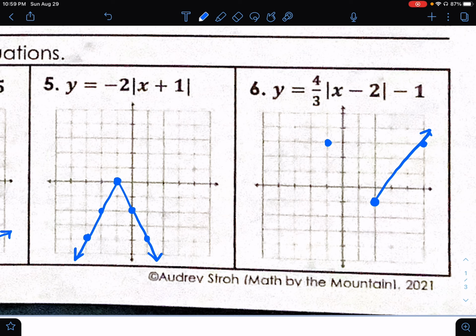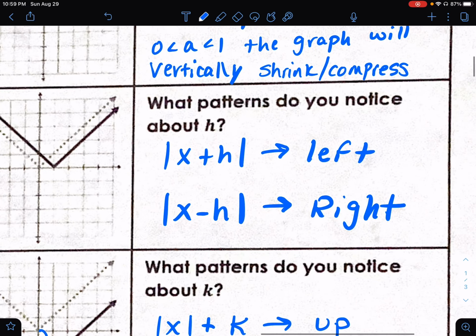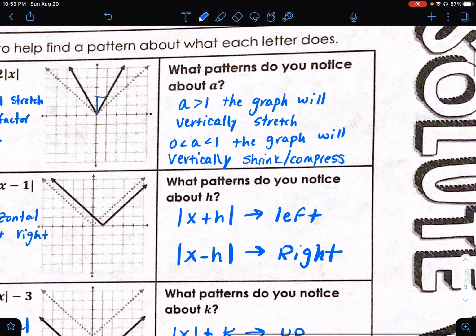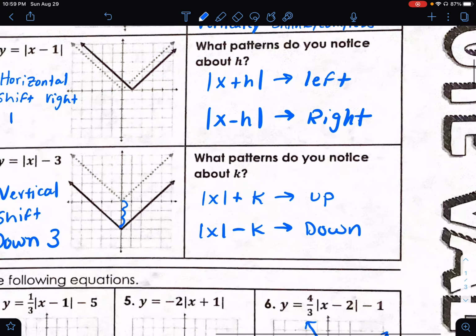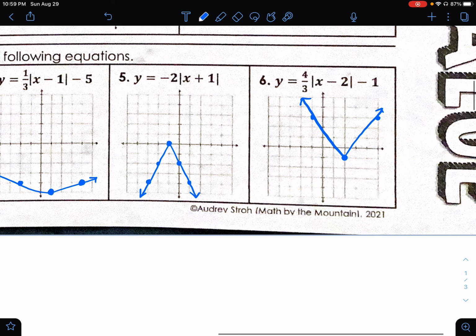So we should have a graph that looks like this. Okay, 4/3 is bigger than 1. And if we look back up to the top here, if it's greater than 1, the graph is going to vertically stretch. So this is actually more narrow than what the parent function would have been.